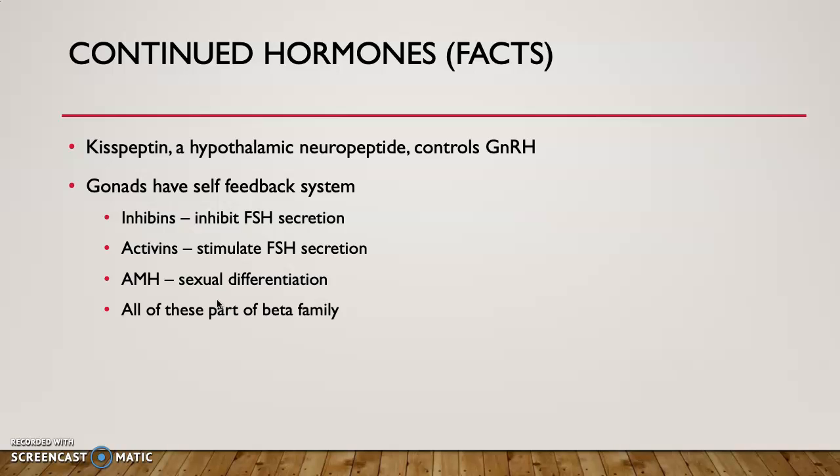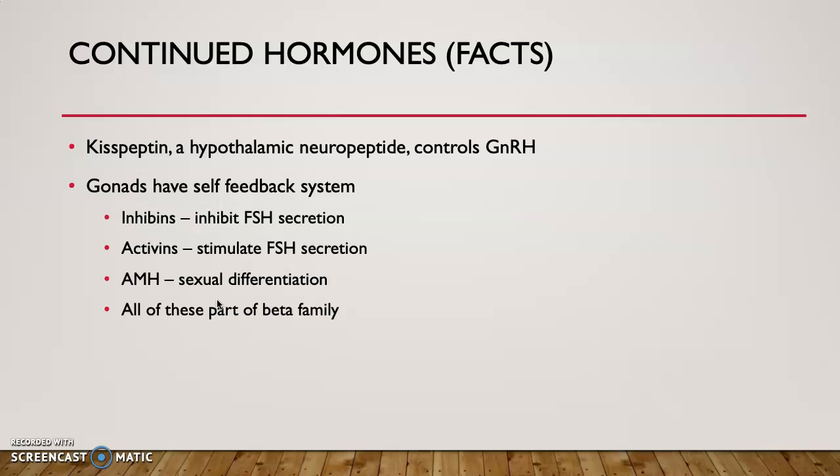Now, this is a continuation of hormones, but these are also facts that have been discovered in recent years. Kisspeptin is a hypothalamic neuropeptide that controls the regulation of GnRH. There's also a feedback system that goes to the brain, which we'll talk about in the next slide. But gonads also have a self-feedback system in which they pretty much stimulate themselves.